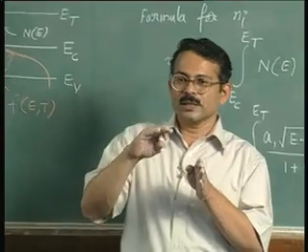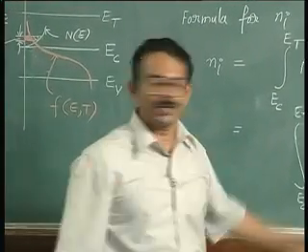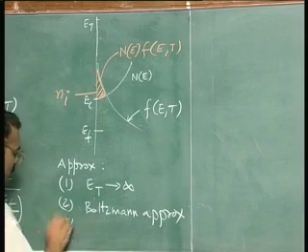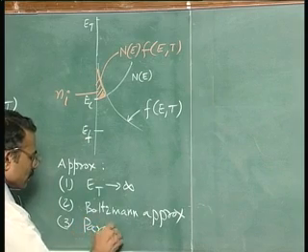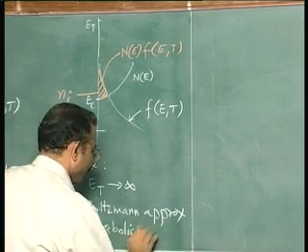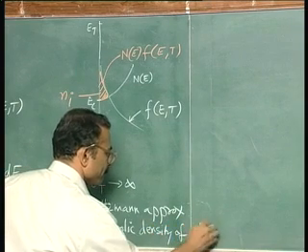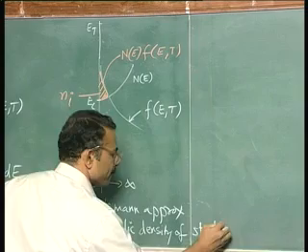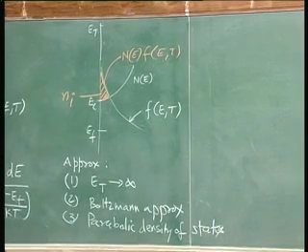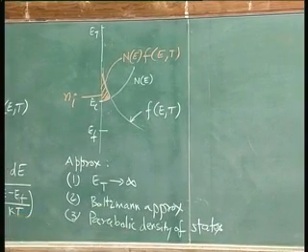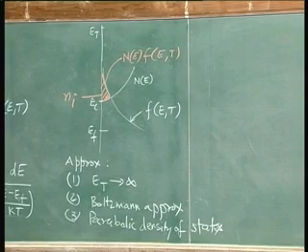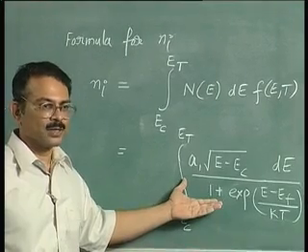The actual density of states function is more complex. We are using a parabolic density of states approximation. Under these 3 approximations, you can get a very simple result of this.